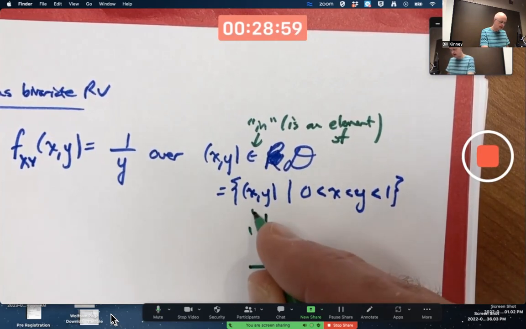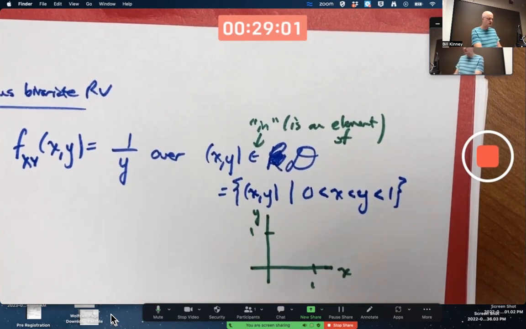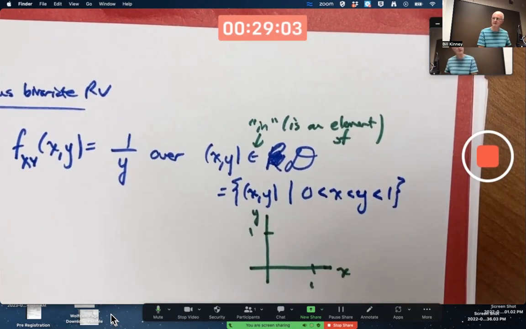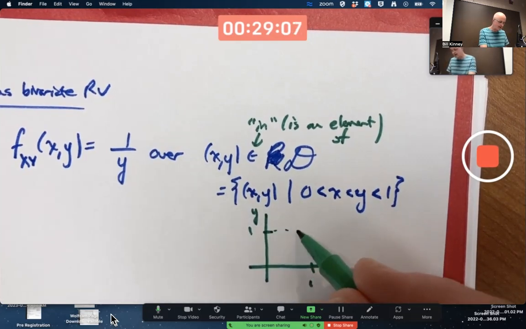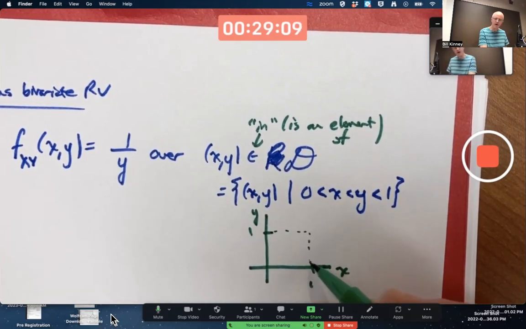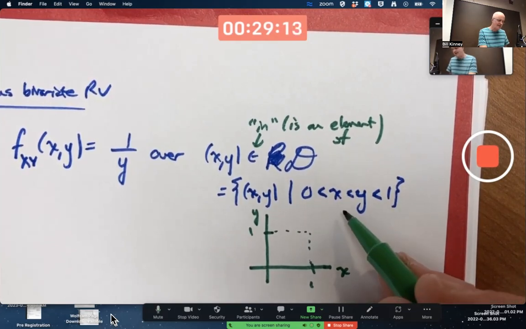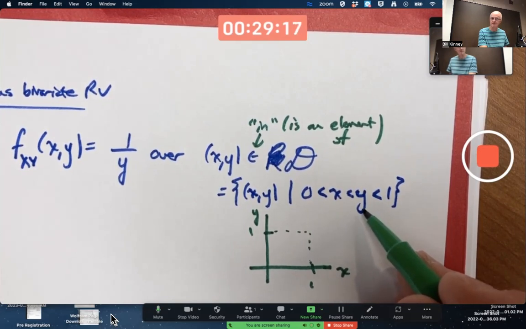Here's x, here's y. Do notice that both x and y are between 0 and 1. So it's a triangle somewhere in this box, in this square. I want the x coordinates of the points that I'm considering to be less than the y coordinates, y to be bigger than x.